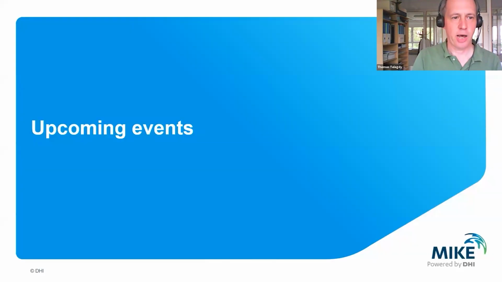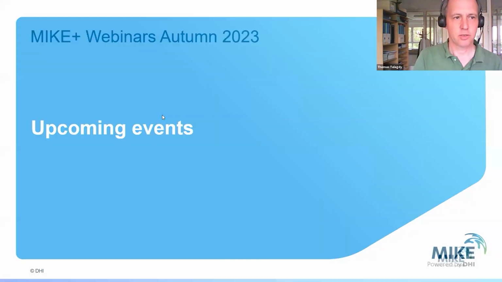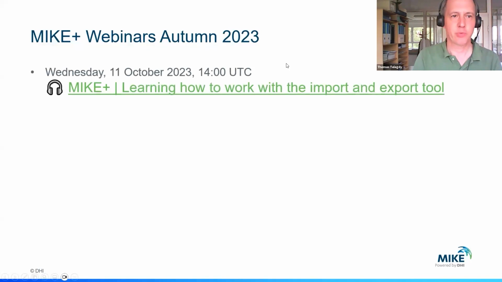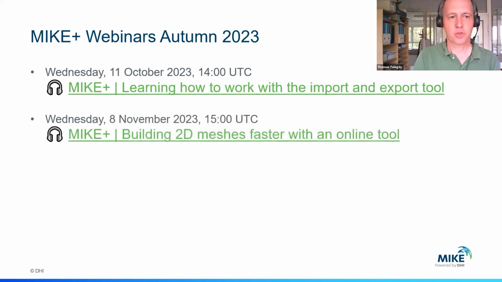And apart from that, upcoming events. We are here in the webinar section. The next Mike Plus webinars in autumn, always the second Wednesday each month, is on the 11th of October, learning how to work with the import and export tool, which is very powerful and goes way beyond just importing Mike Flood. You can import a lot of external formats.